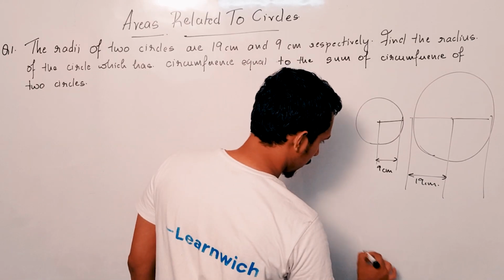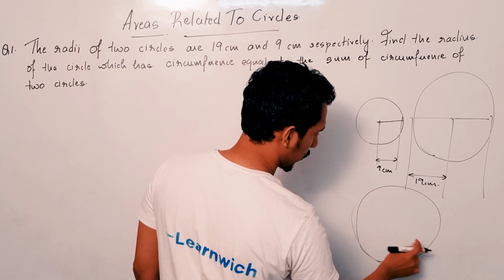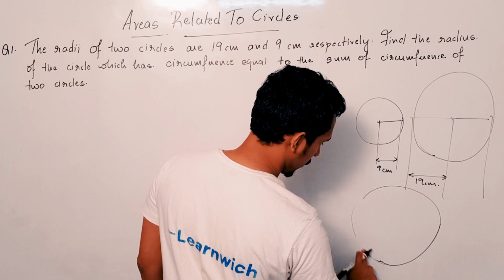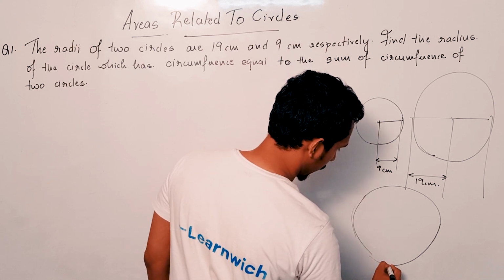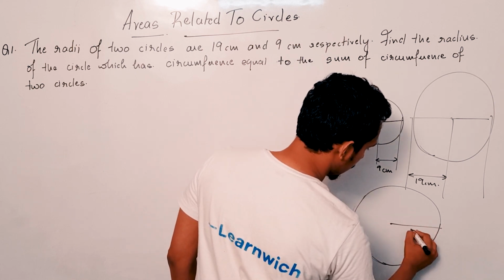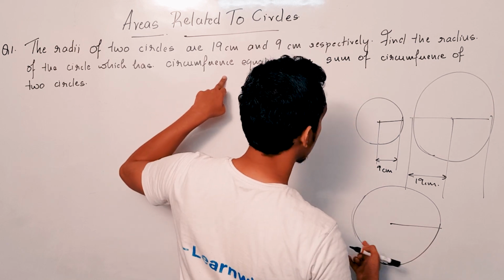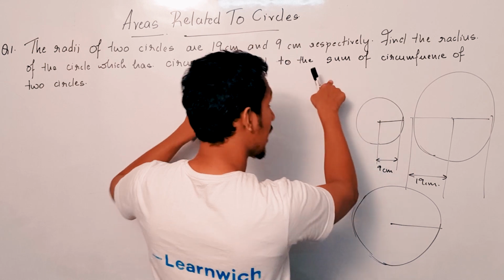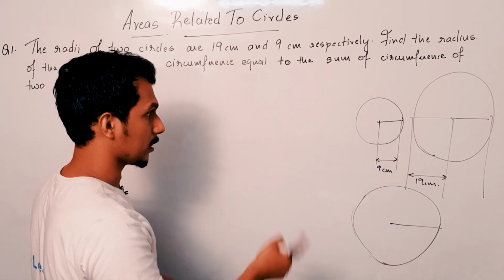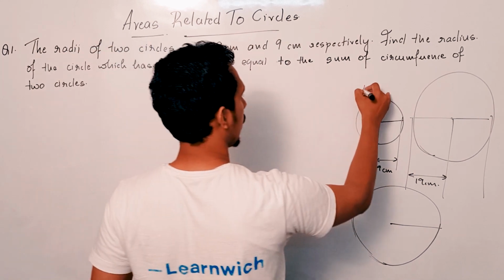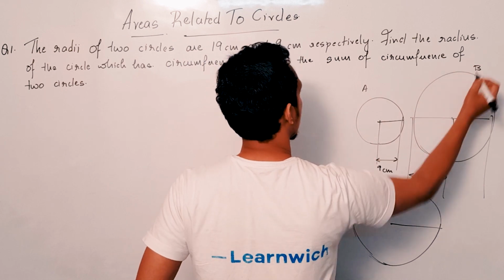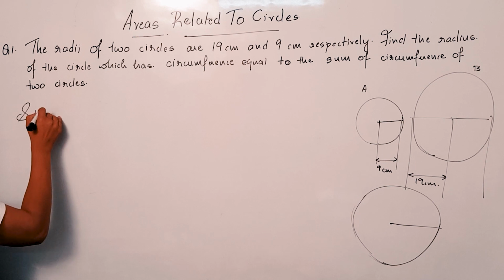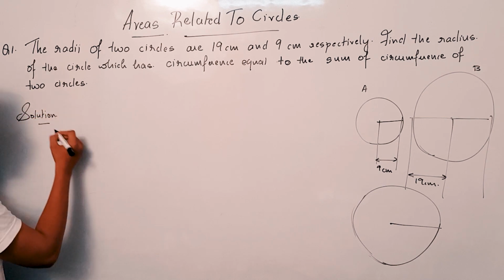So that is a third circle. You don't actually need a figure for this kind of question, but still, let's say this has a circumference that is the same as the sum of circumference of the other two circles. This is circle A, this is circle B. Let's write the solution. I'll put this as C.